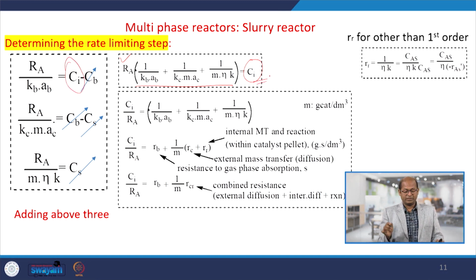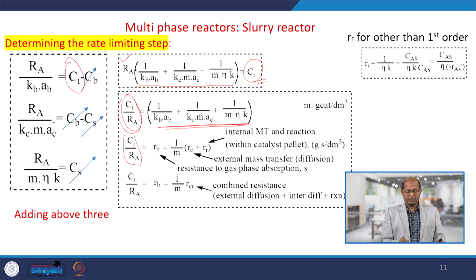After that we rearrange the equations: dividing Ci by RA, the left hand side is Ci by RA and the right hand side is all these components.